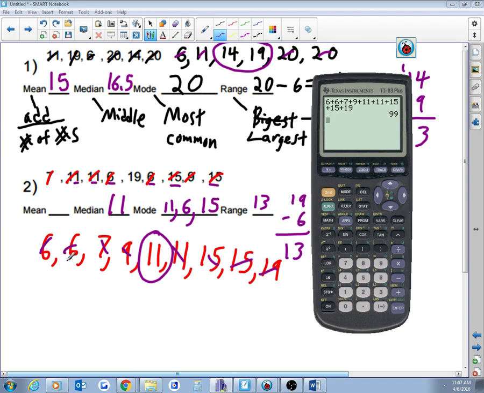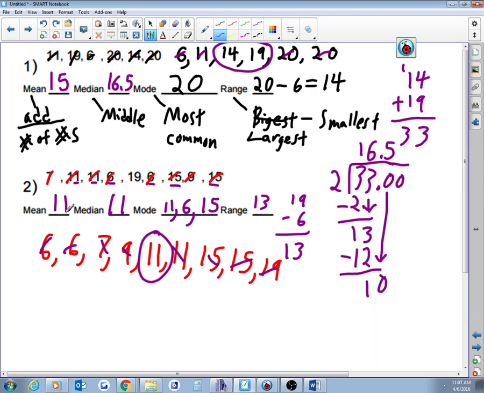And we've got 1, 2, 3, 4, 5, 6, 7, 8, 9 numbers. So 99 divided by 9, we don't need the calculator for this, but yeah, it's 11. So the mean is 11, the median is 11. We have 3 modes, 11, 6, and 15, and our range is 13.